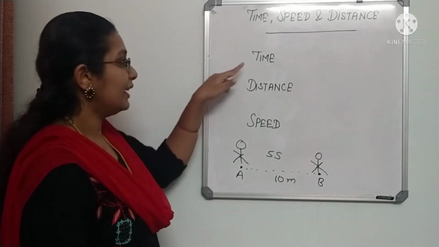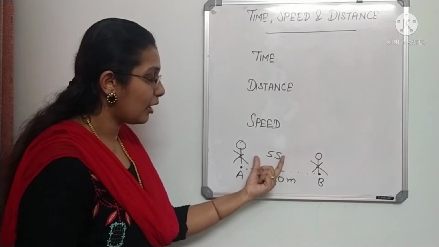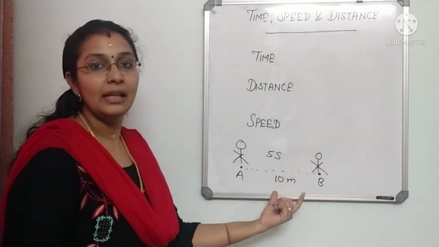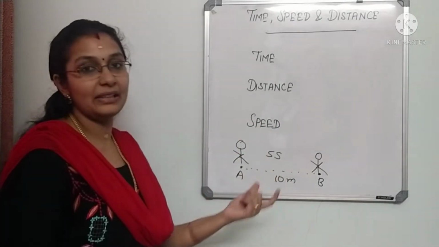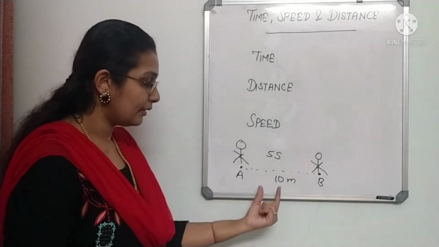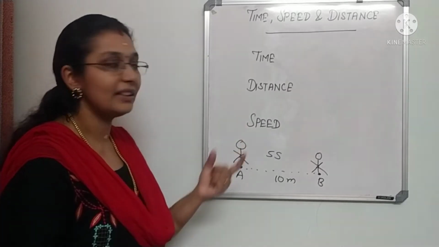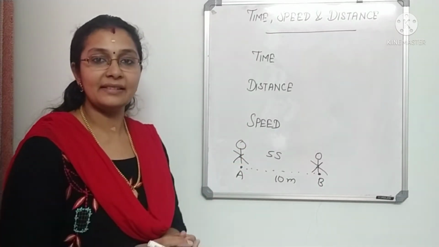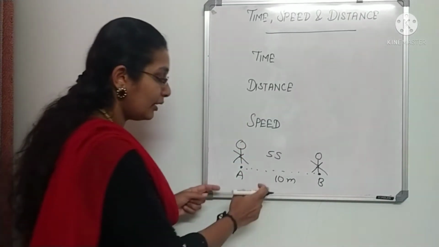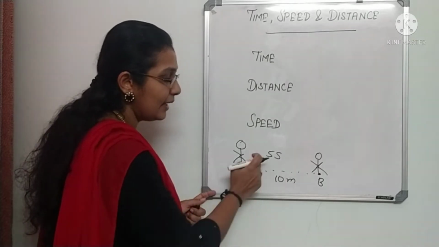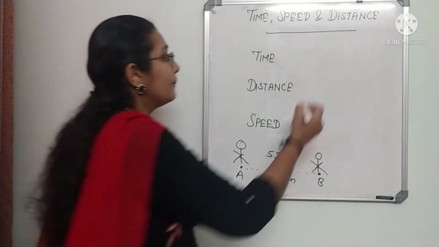So here what is time? Time is how much time he takes to cover this 10 meters. So here the answer is 5 seconds. And what is the distance? He is covering 10 meters, so that is the distance. And speed is how much distance he is covering in what time. So here he is covering 10 meters per 5 seconds.